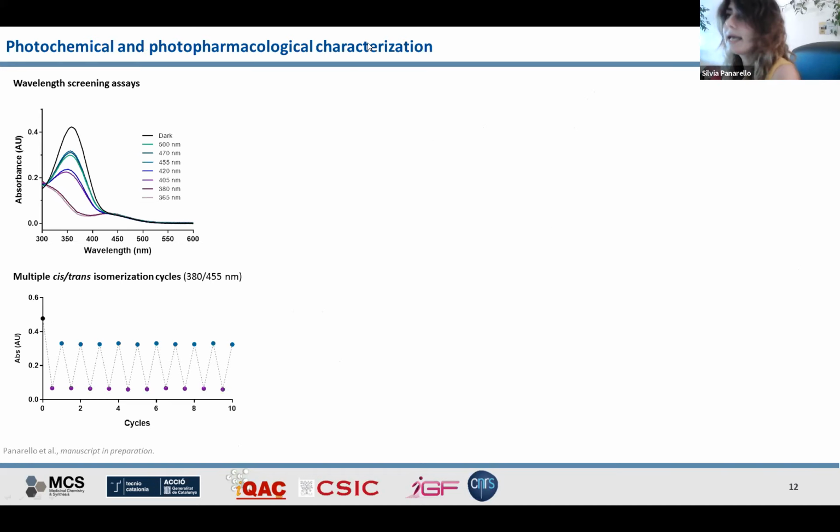And here again, as you can see, I performed the screening assays of wavelengths to be sure that 380 nanometer was the best to achieve the highest percentage of cis isomers, as well as I repeated the multiple cis-trans isomerization cycles.